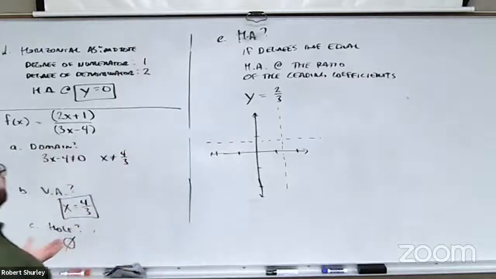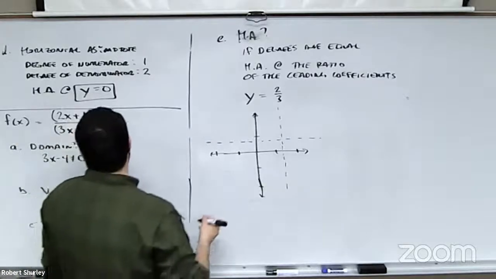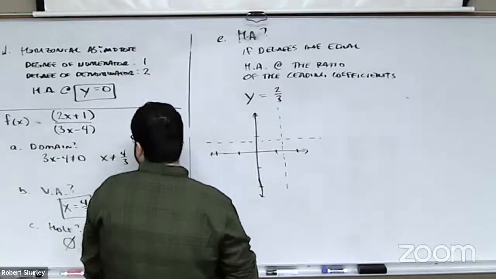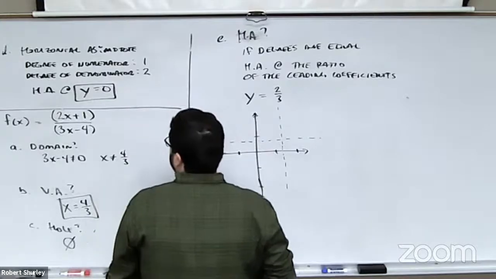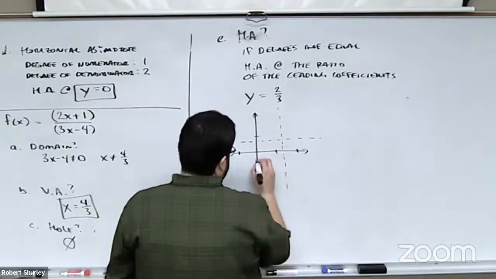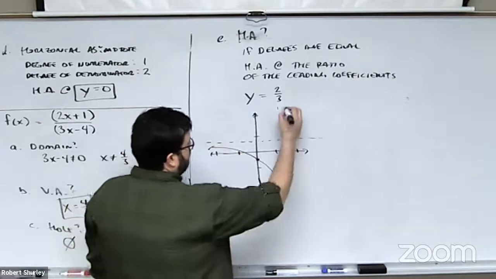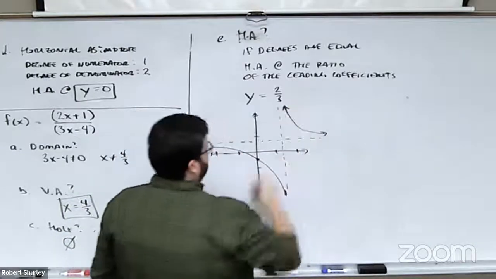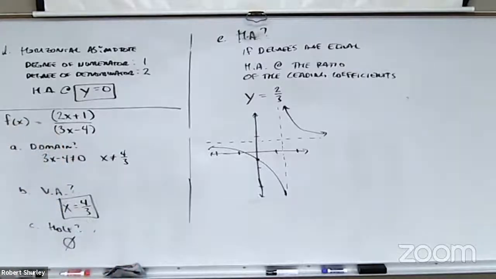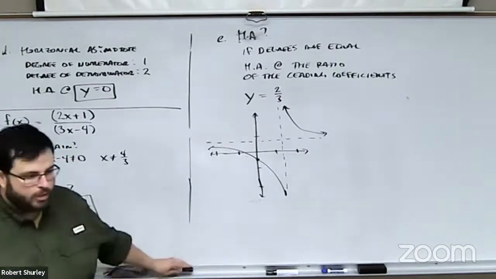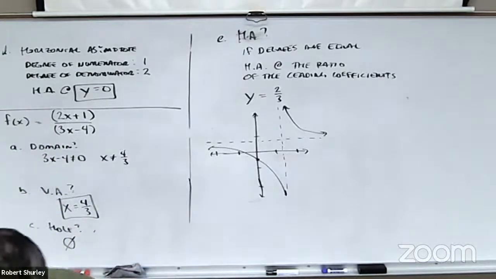If you wanted to graph this, it looks something like this. You can pop that in your calculator and see it. I'm not too worried about it. But we found the vertical asymptote and the horizontal asymptote. Pretty neat. I know these things are cool.